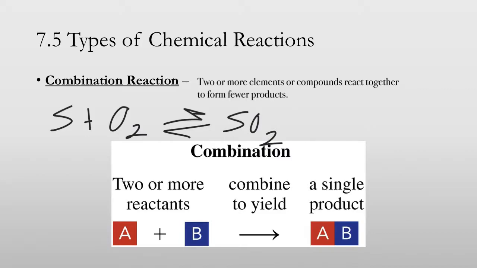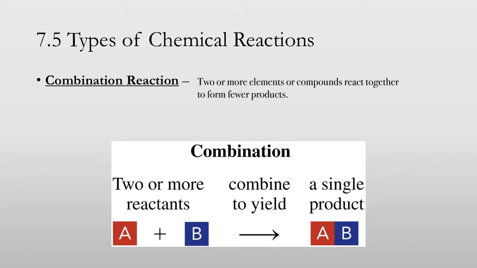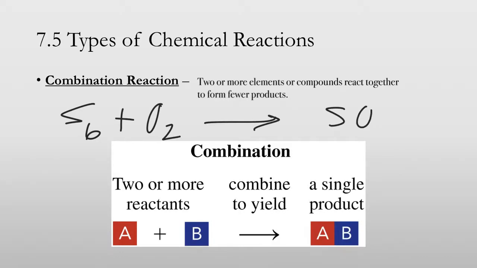It exists as a polyatomic species, so it's actually going to be S6 plus O2. And yeah, it might make SO2, but we need to have 6 of those, which gives us 12 oxygens, so we would need 6 O2 right there. That's the proper reaction.